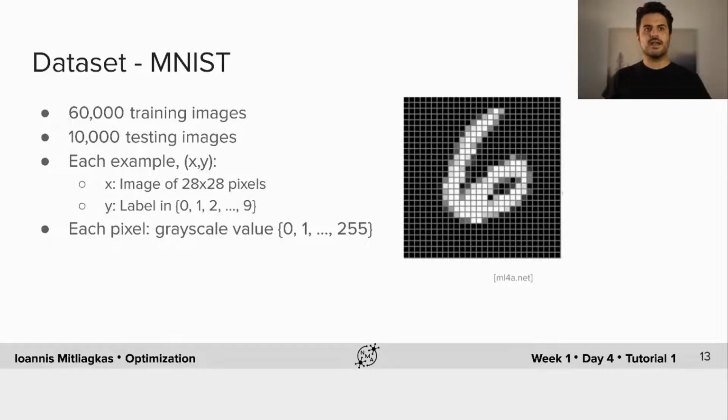That is the grayscale value of the pixel, graded between 0 and 255. These are integers, so essentially 1 byte for this information. The label accompanying the image is a number from 0 to 9, which tells us the true digit that this squiggle is supposed to represent. So this is what our data set looks like.